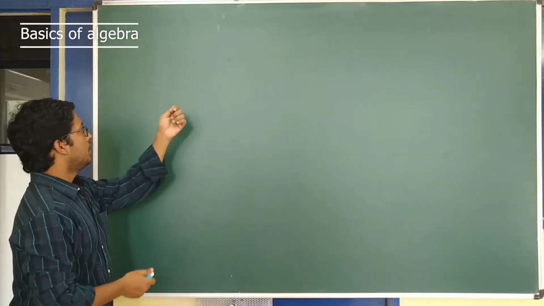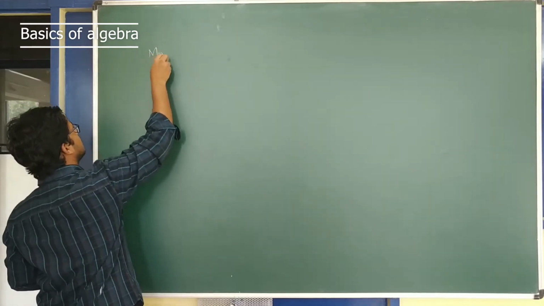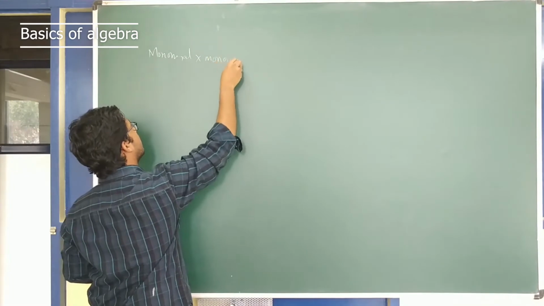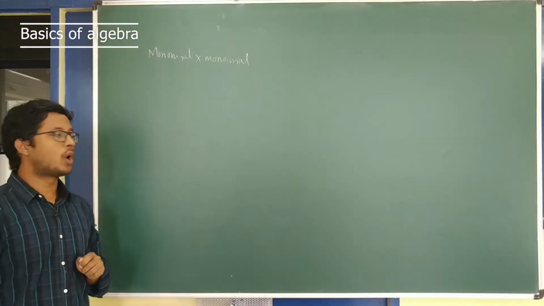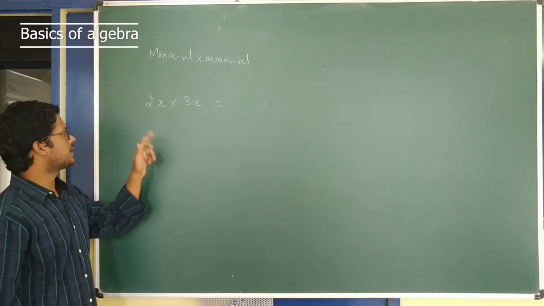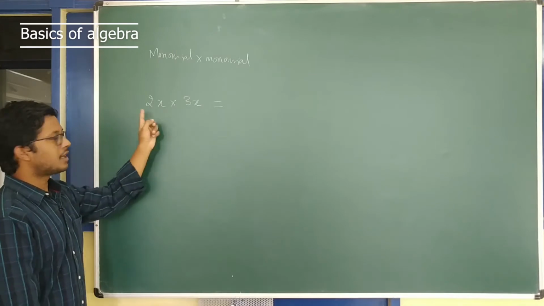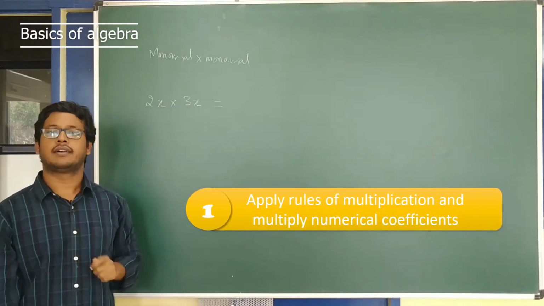Let us see this one. First category that we see is monomial by a monomial. A monomial by definition is an algebraic expression with only one term. Let us take this example of 2x into 3x. How do we multiply this? Multiply numerical coefficients and multiply algebraic variables.